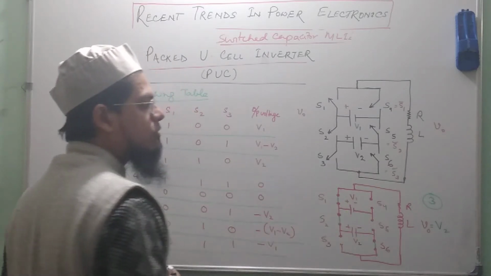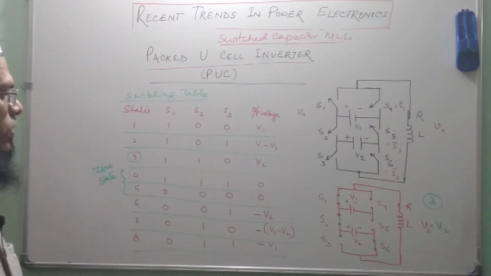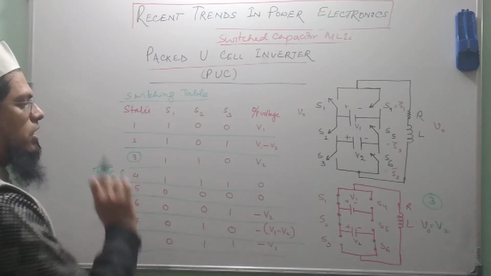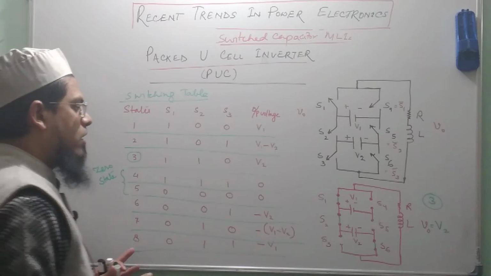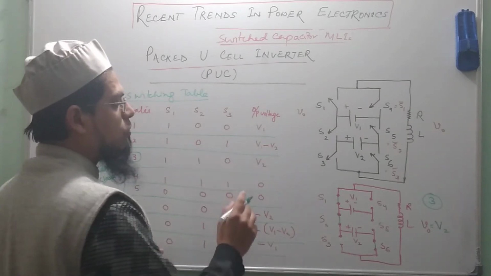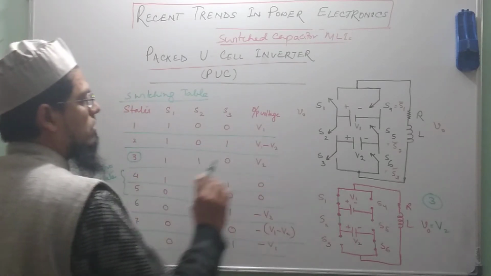In that case also the output voltage is 0. So you can get output voltage equal to 0 in two ways.